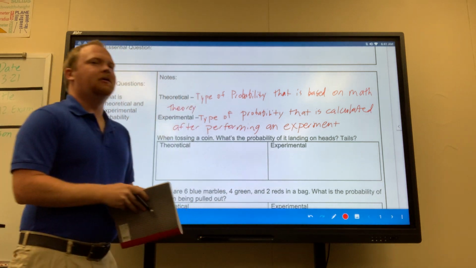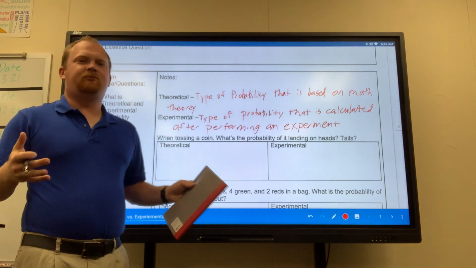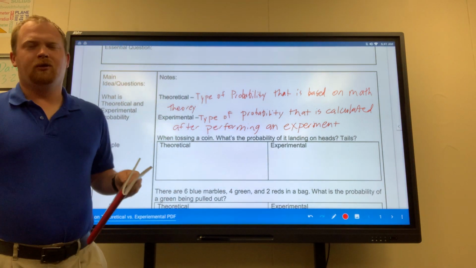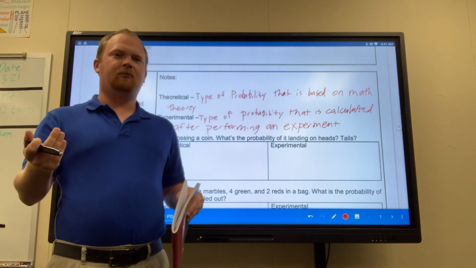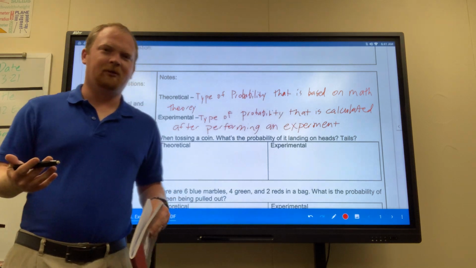Okay? So basically, if I actually did the experiment, like for example, picking a number 1 through 10, if I just pick a number, that's experimental.